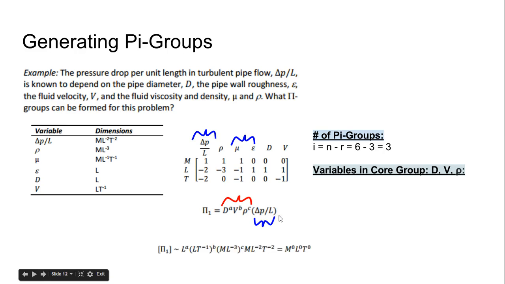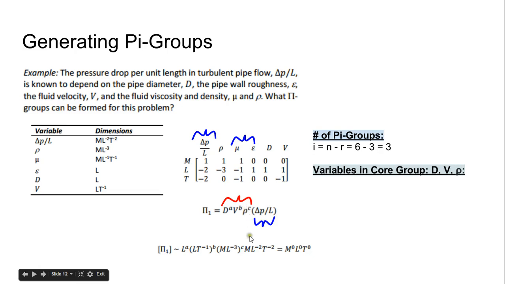Now we're going to put the dimensions for each of these quantities. My dimension for D, the diameter, is just a length, so I just did L to the A power. Now V, that's velocity, meter per second, L times T to the minus 1, so the whole quantity is raised to that power. So now we have L to the B and T to the minus B power, and you're going to do that for all of them.